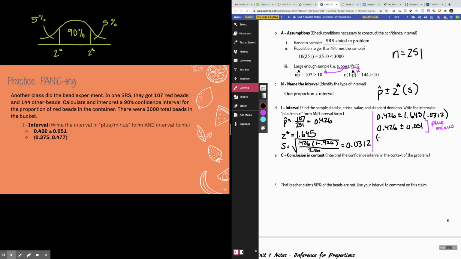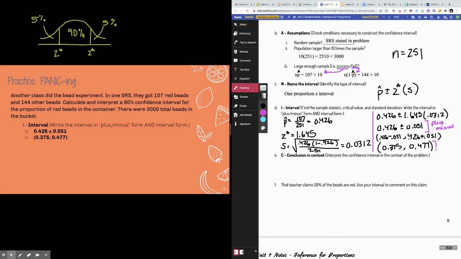To get my lower bound I do 0.426 minus 0.051, comma, and my upper bound is 0.426 plus 0.051. When I actually do that addition and subtraction, my lower bound is 0.375, comma, and my upper bound is 0.477.